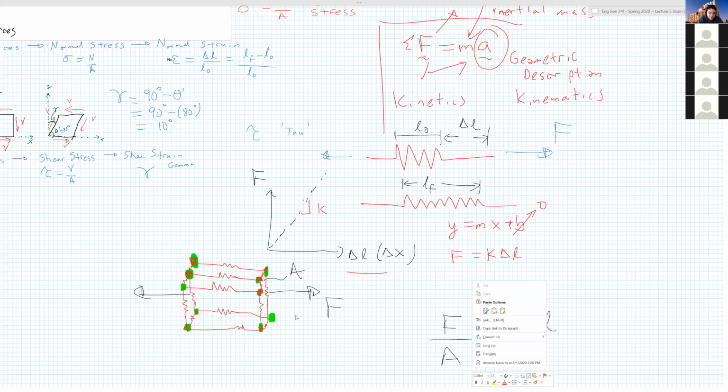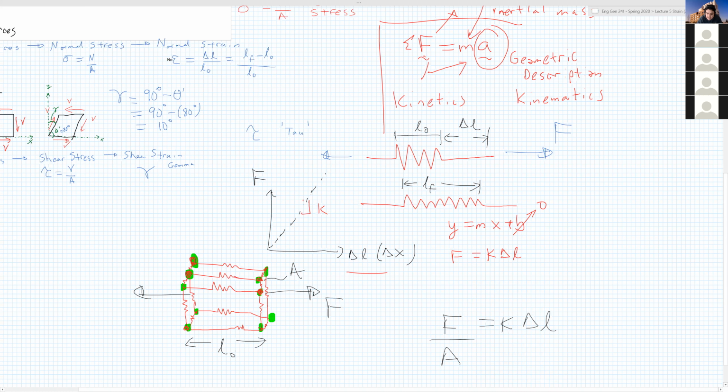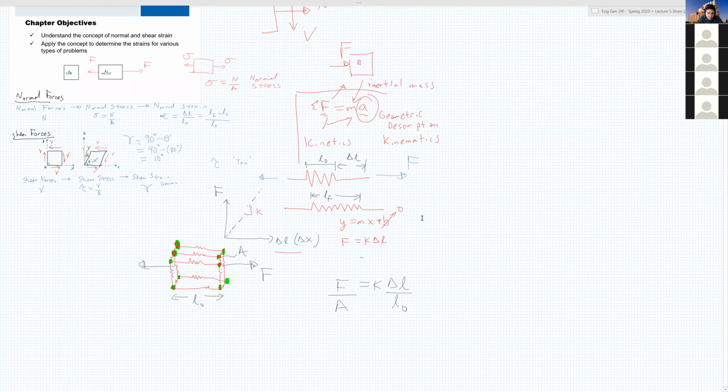And then if this is a block of material, we're going to divide by some starting distance, L naught. But remember, K is reserved for one spring, right?